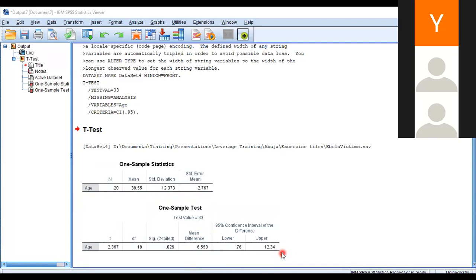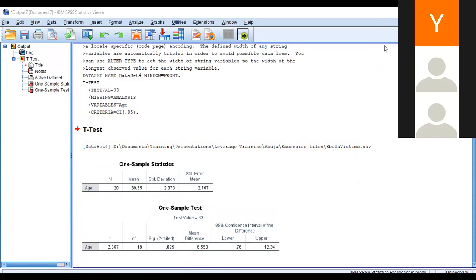So if the difference, can you see now? Does it cross zero? The confidence interval ranges from where to where? It ranges from 0.76 to 12.34. So it doesn't cross zero.